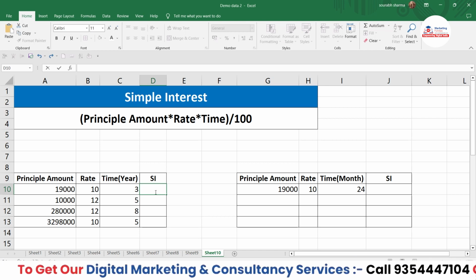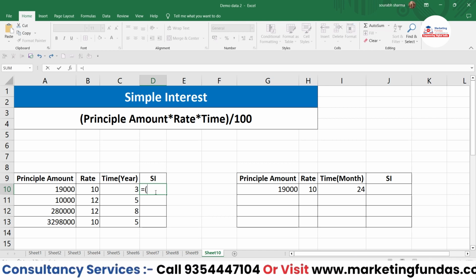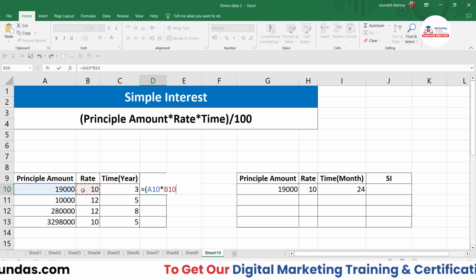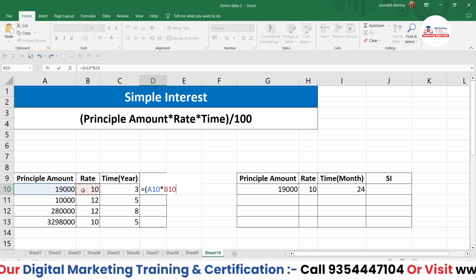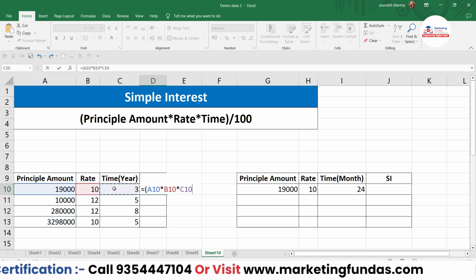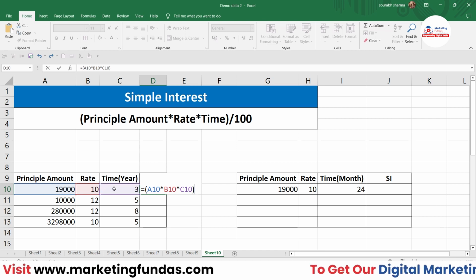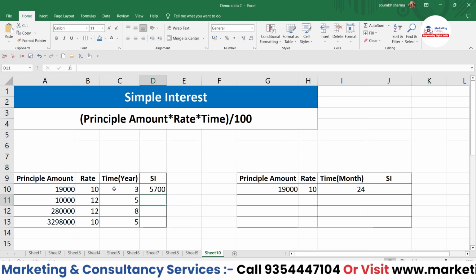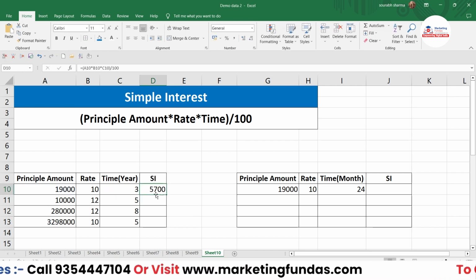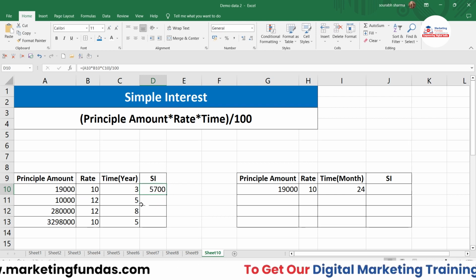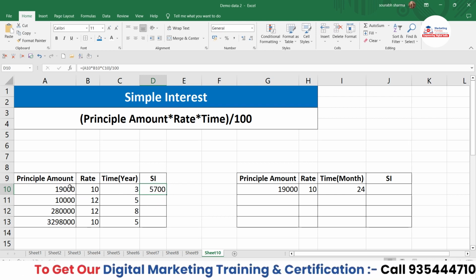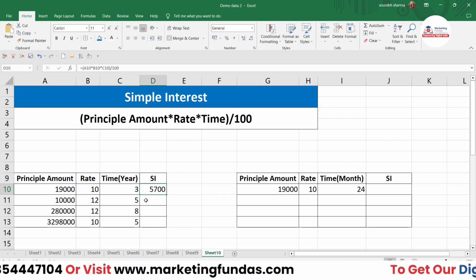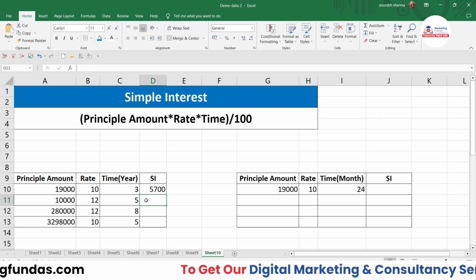So for that, we write equals, then bracket open, principal amount, then into 10. 10 is basically the interest rate, 10%, right? Then into time, then bracket close, and divided by 100, and just hit enter. And this is the amount which you have to pay extra, right? So by the end of these 3 years, you have to pay $19,000 plus $5,700 extra as interest, right?